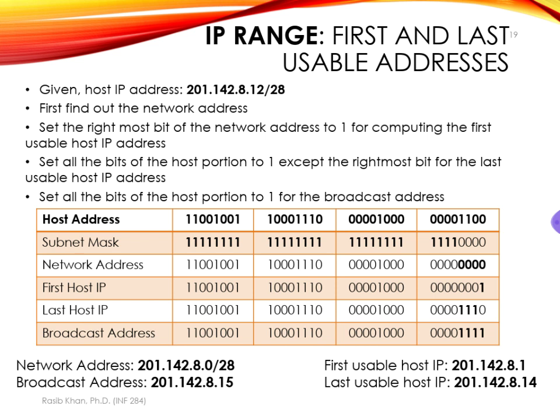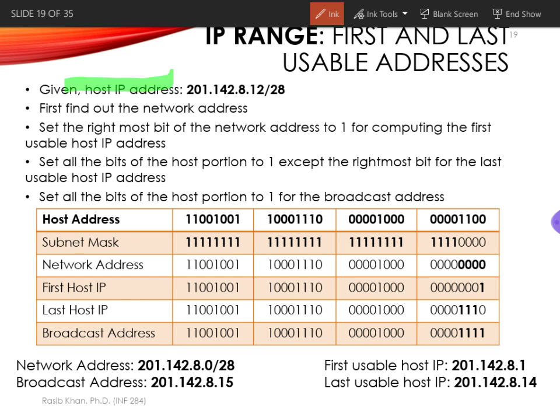So we are given the host IP address 201.142.8.12/28, which means that the first 28 bits belong to the network address, the network ID, and the remaining 4 bits belong to the host ID, right? So we take first the host address and we convert it to its equivalent binary. Once we are done with that, we calculate the subnet mask, where the first 28 bits would be set to ones and the remaining 4 bits would be set to zeros.